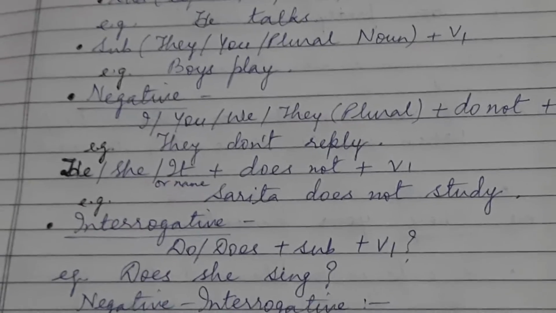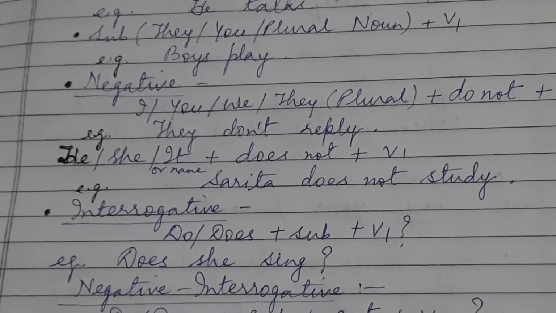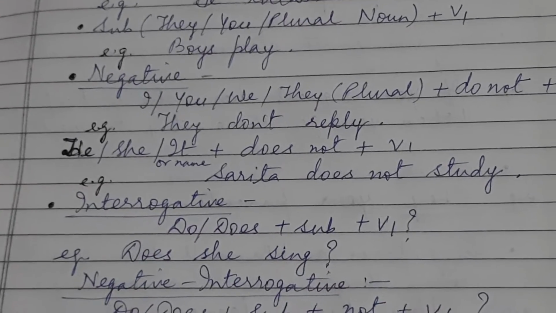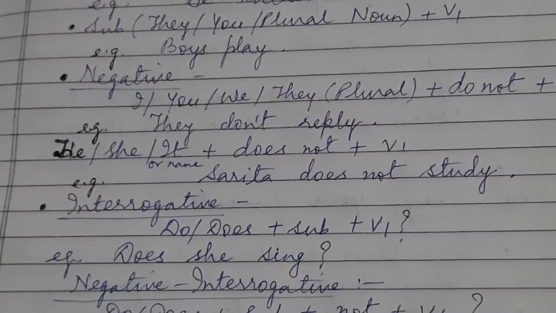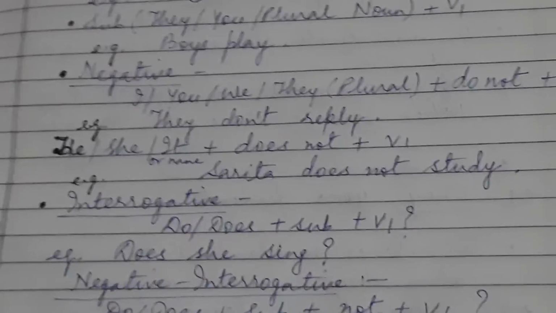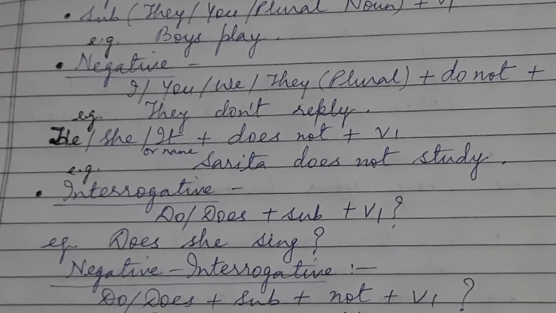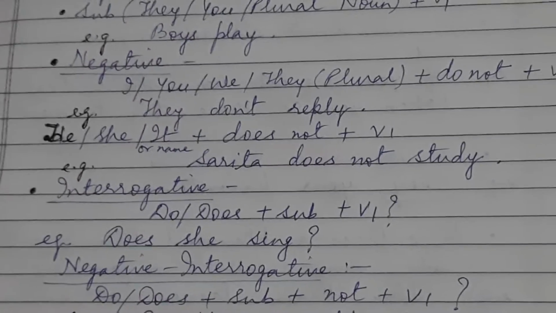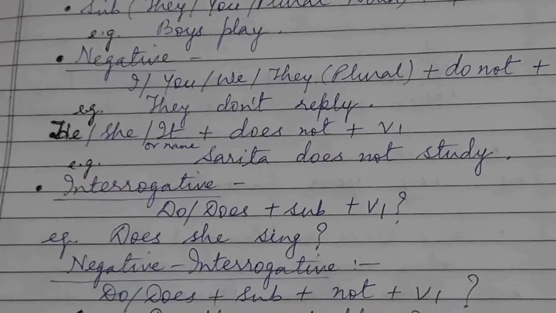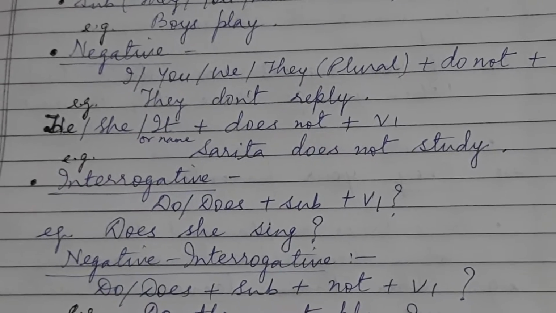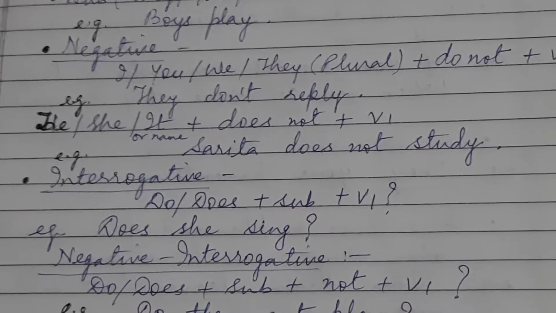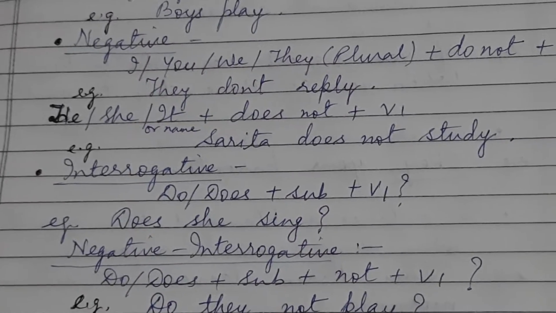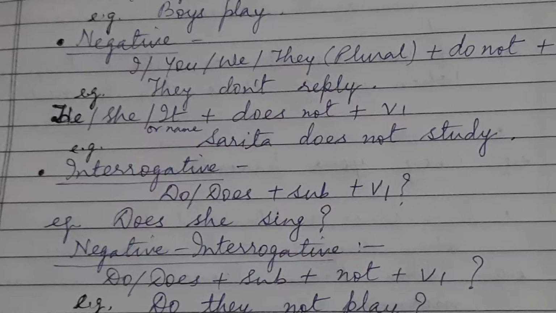Now if we make a negative sentence, we should add not in the sentence. The meaning should be negative. So what do we do for that? We simply add do not. The subject can be I, first person singular, or second person you, or plural first person we, or plural third person they.